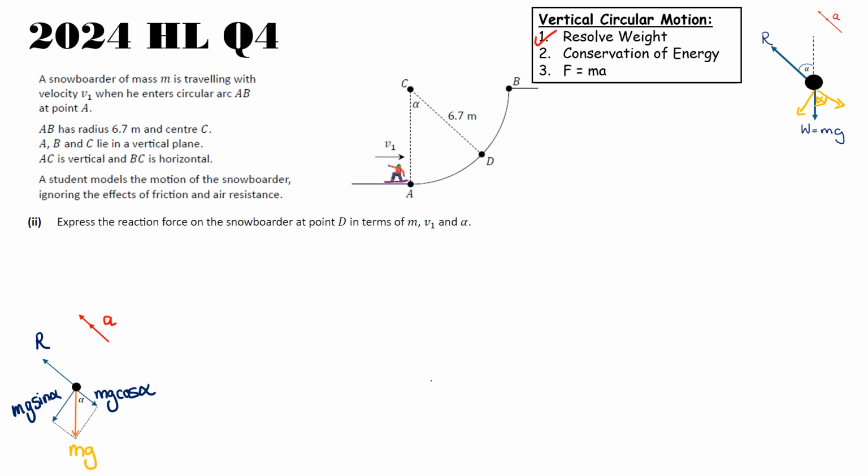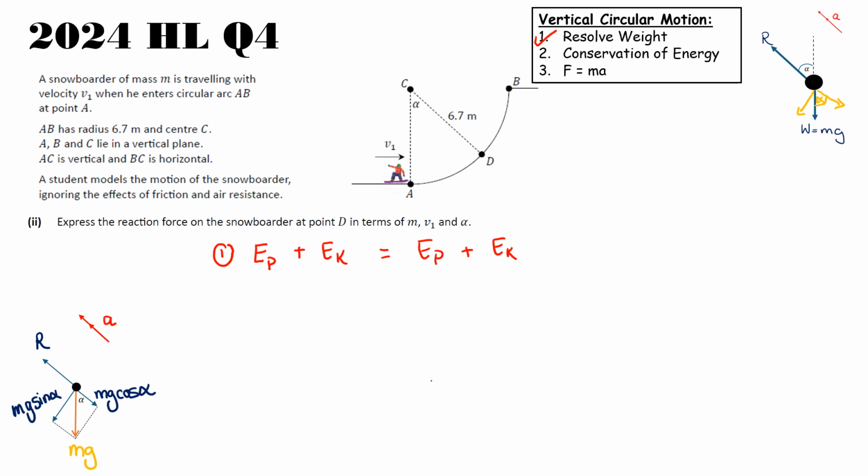Step 2, so this is equation 1. So we have the conservation of energy. So the energy that's potential plus the energy that's kinetic at the start should be equal to the potential plus the kinetic at the end.